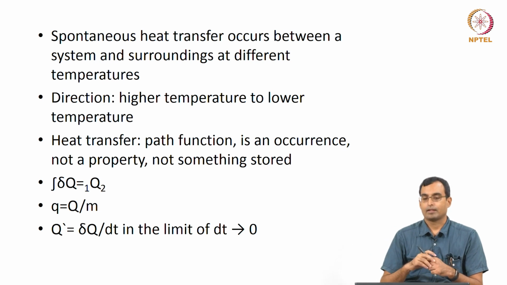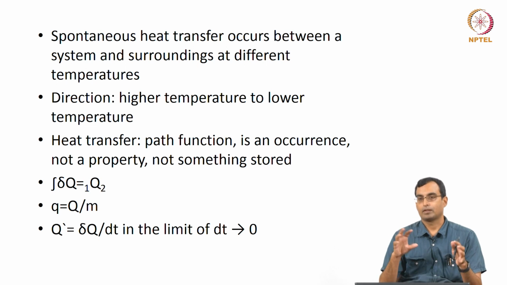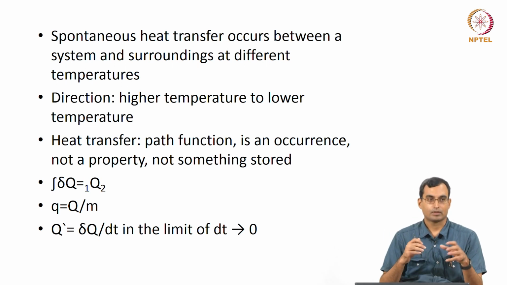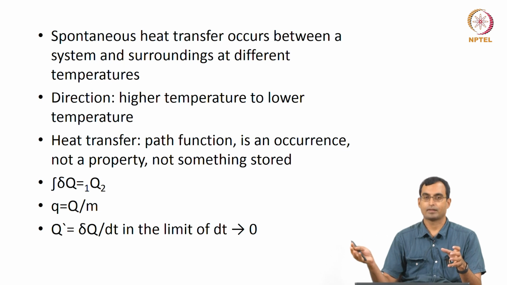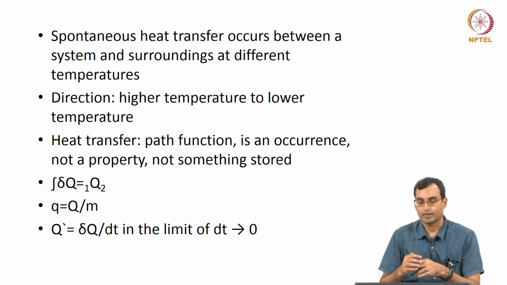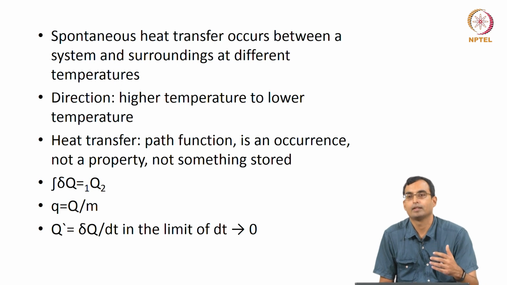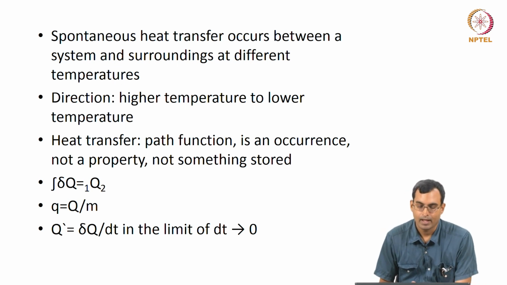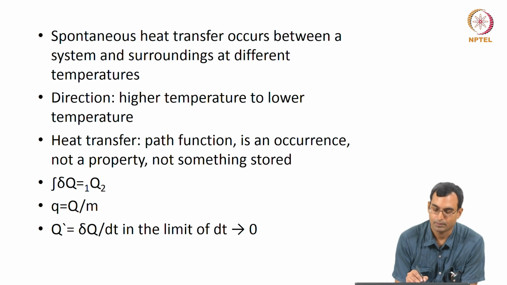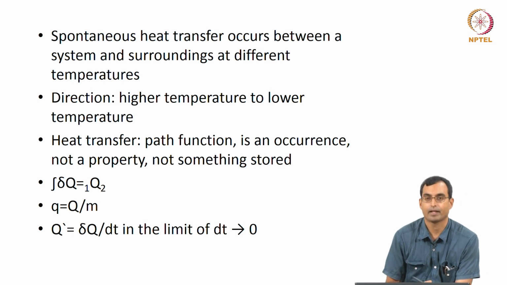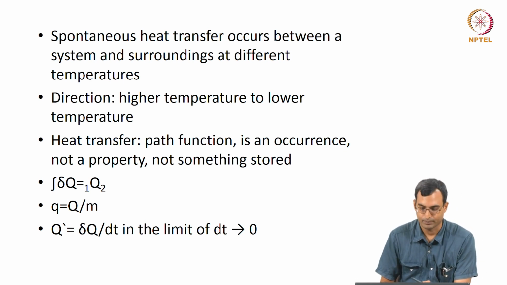So, what we see is that spontaneous heat transfer occurs between a system and the surroundings when the two are at different temperatures. If the hot tea is at a different temperature compared to the surroundings, there is spontaneous heat transfer. Similarly, if the ice cream is colder than the surroundings, spontaneous heat transfer happens. And in our experience, spontaneous heat transfer always occurs from a higher temperature to a lower temperature.